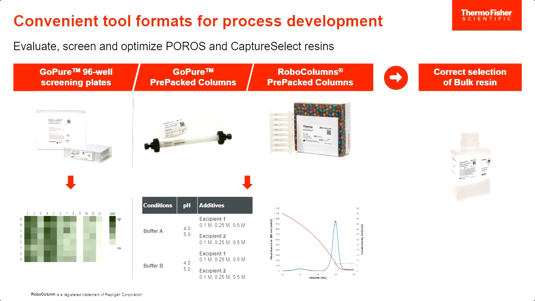We also have a selection of Affinity resins available in 96 well filter plates that can be used with a vacuum manifold or even a centrifuge that has the plate rotor on it. We provide protocols and guidelines for each of these formats to help you go from small scale screening experiments to lab scale and beyond.